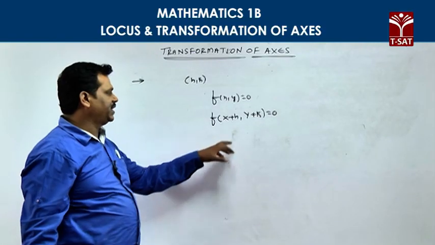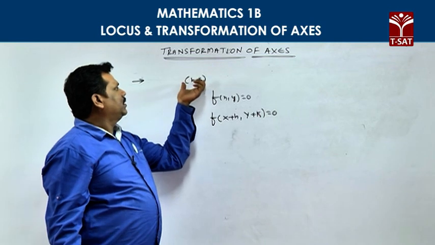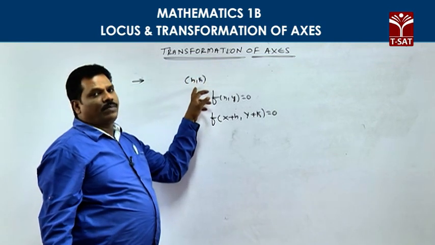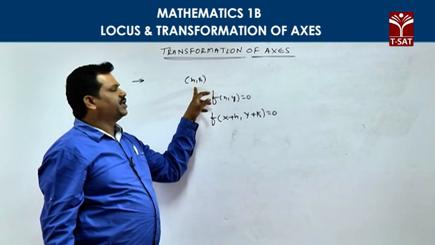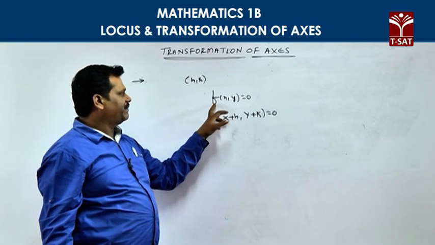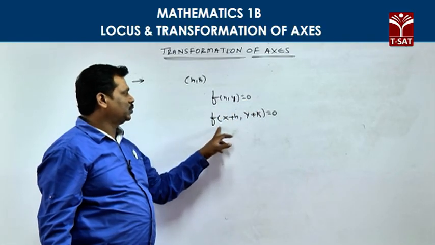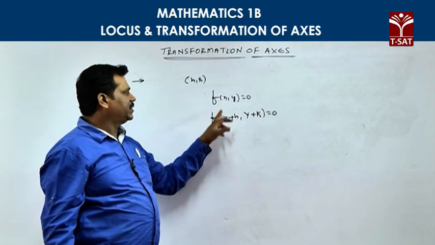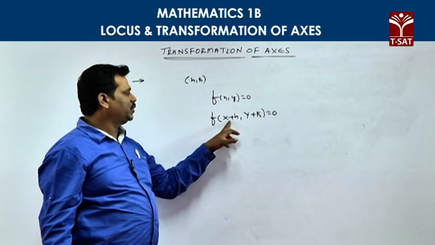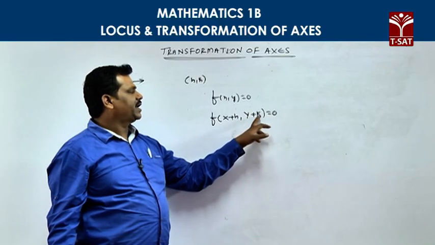What happened here? The axes are translated to the point h comma k. It means if the origin is shifted to another point h comma k, then the equation f of x comma y equal to 0 of a curve is transformed to a new equation. This is the original equation. This is the new equation, f of X plus h, Y plus k equal to 0.